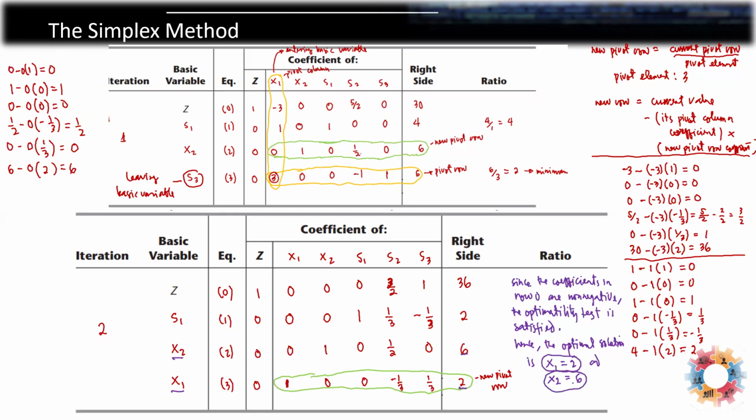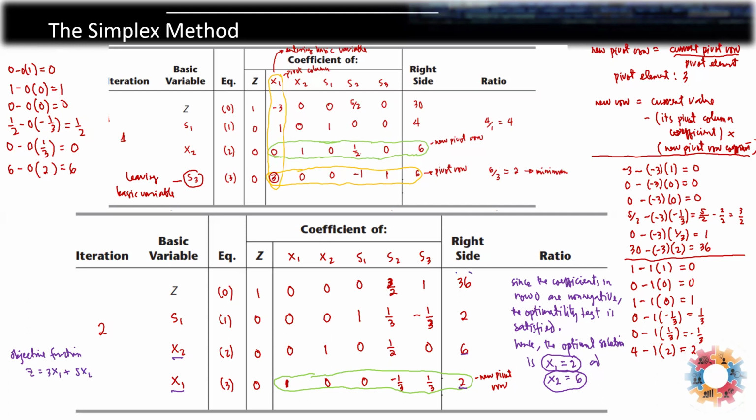Now regarding the value of your objective function, remember your objective function. Your objective function is given by z equals, what's that again? 3x1 plus 5x2.